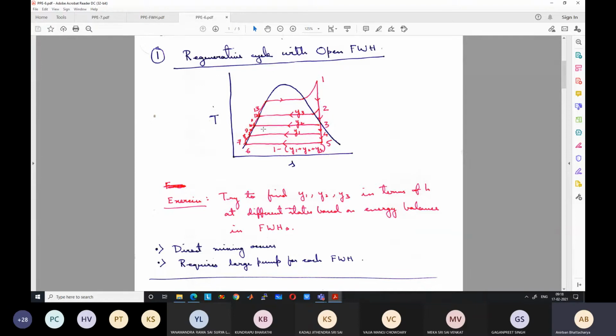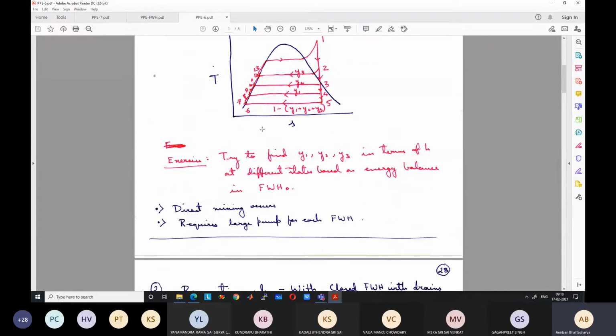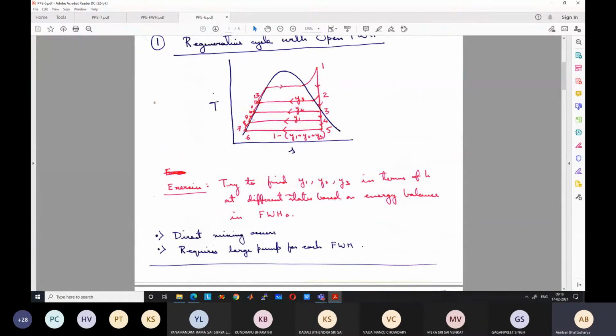So for each feed water heater, there is one energy balance. For example, for this first feed water heater, the energy balance is (1 minus Y1 plus Y2 plus Y3) into H7 plus Y1 into H4 is equal to (1 minus Y2 minus Y3) into H8.